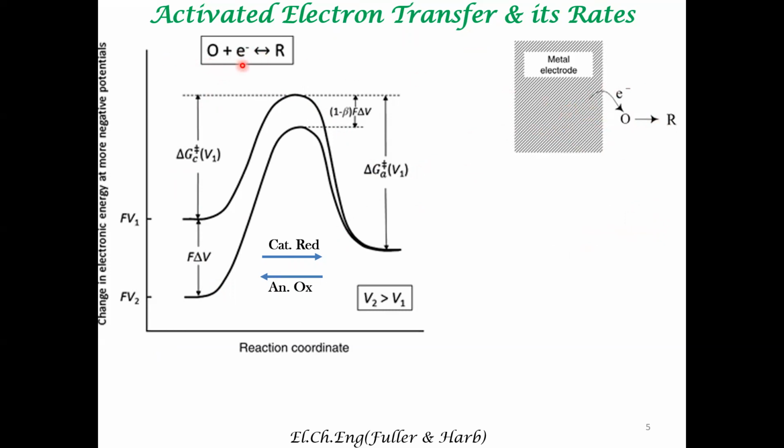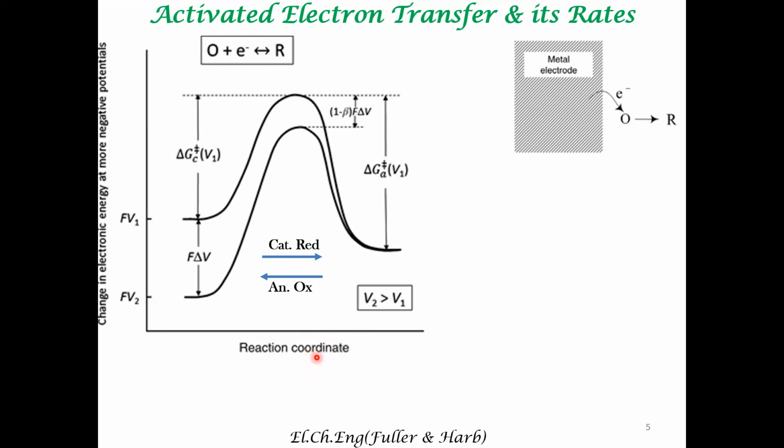Oxidized species combining with an electron, giving rise to a reduced species. We will introduce the x coordinate, x-axis. This again is borrowed from chemical kinetics. We are going to call this coordinate along the x-axis a reaction coordinate.